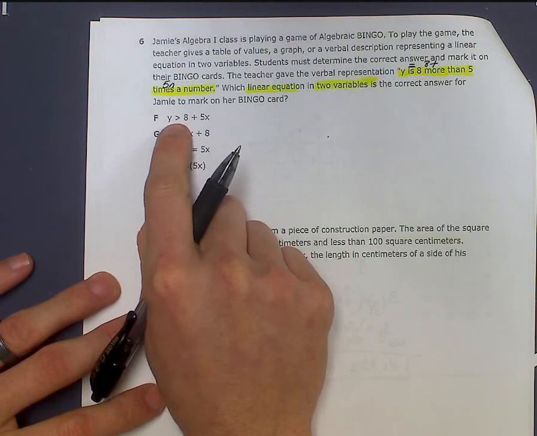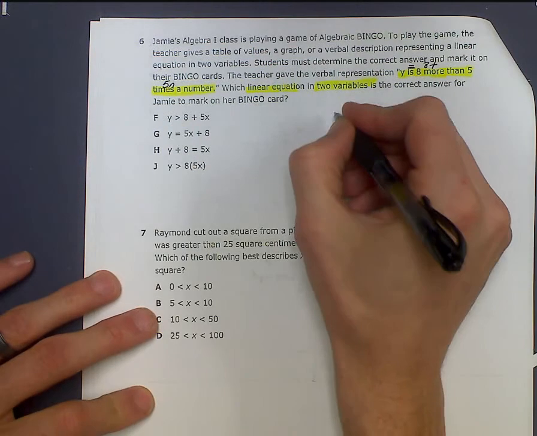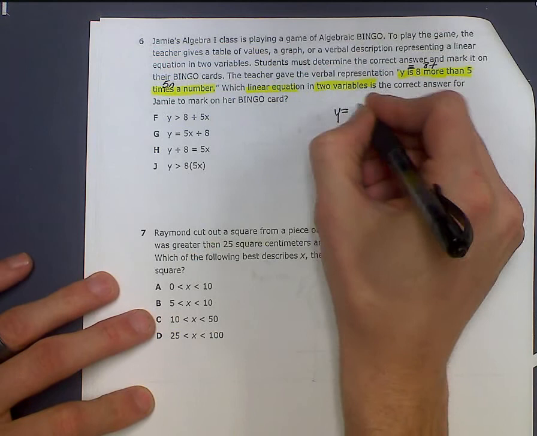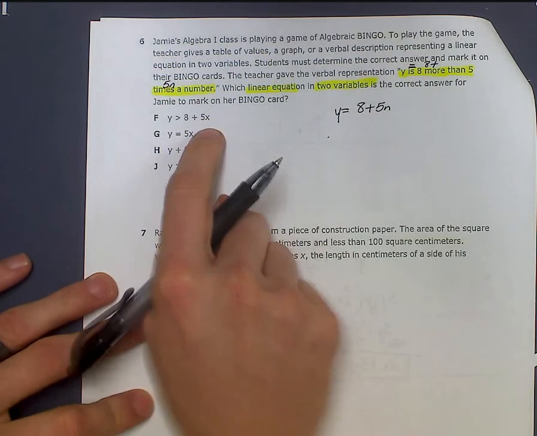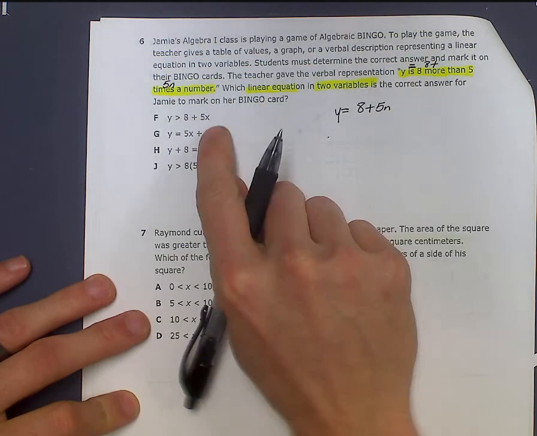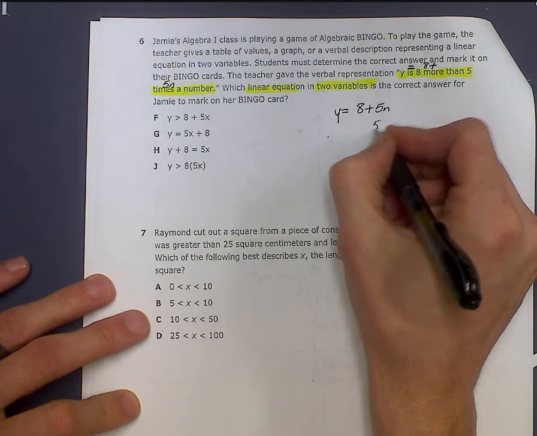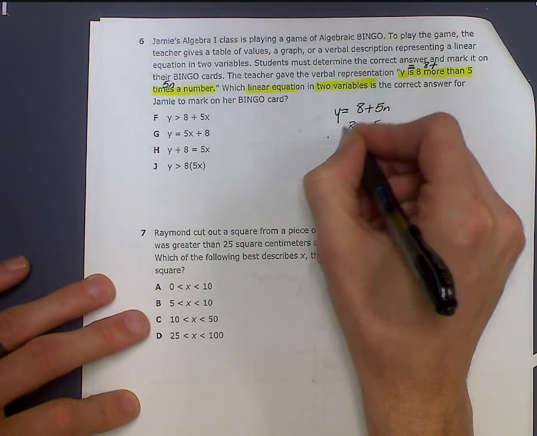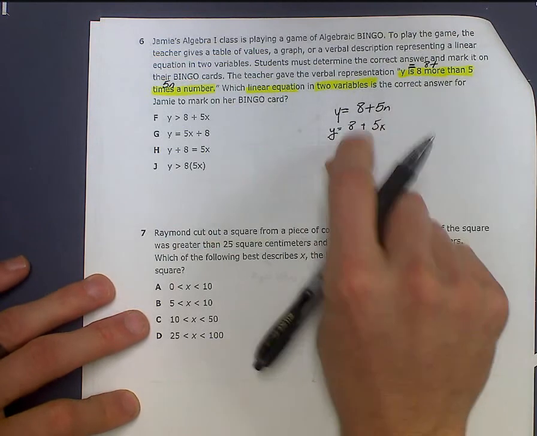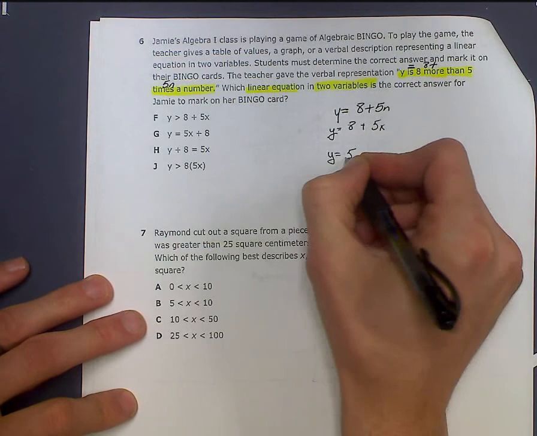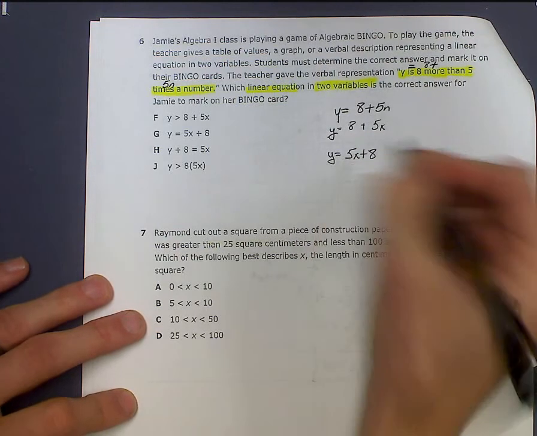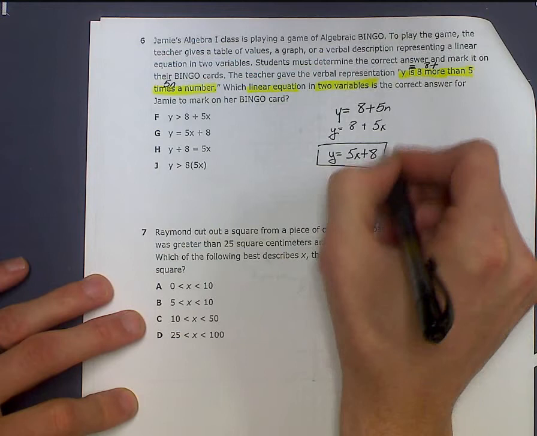So when we put all this together, we get y equals 8 plus 5n. Well, that's not over here. I could use an x or an n, it does not matter, so I'm going to change this to x. And then I can also move these two terms around, so I could get y is equal to 5x plus 8. And this is my correct answer.